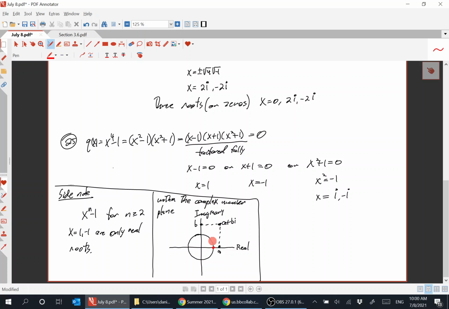So like for n equal to 6, those red points are the roots of x to the 6 minus 1, and there's 6 of them.